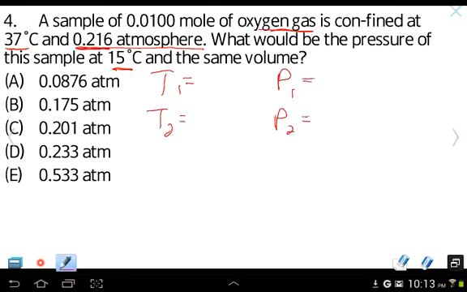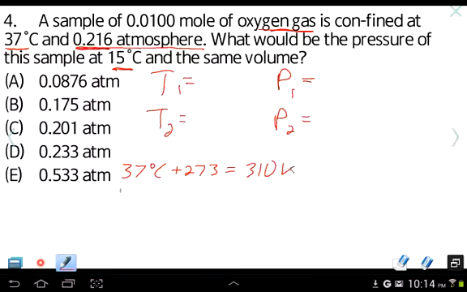Our original temperature then is 37 degrees Celsius. Now remember, we have to use Kelvin. We cannot use Celsius because Celsius is not an absolute scale. It contains negative numbers, which will mess us up in calculations. So 37 degrees Celsius, add 273, and we should get ourselves 310 Kelvin.